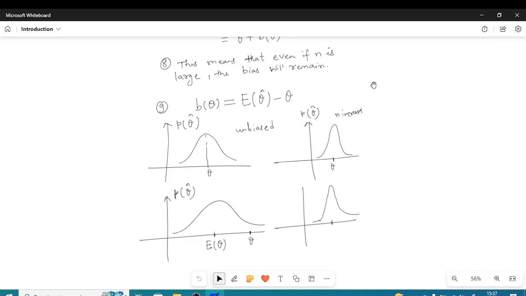So we see that the mean for the biased case is away from the actual value. So this is the bias. So we see that even if we increase the value of n, the bias remains as is shown in this PDF.